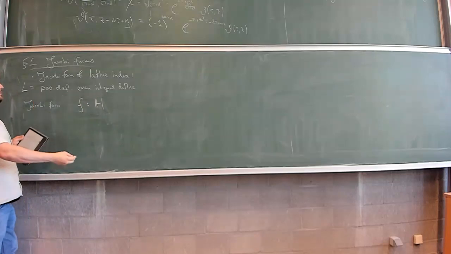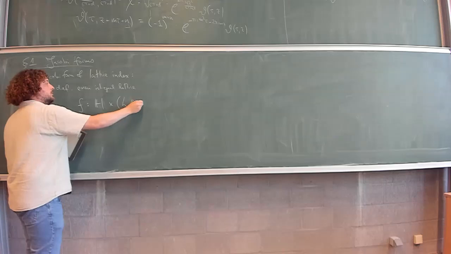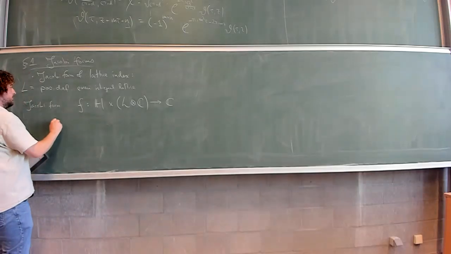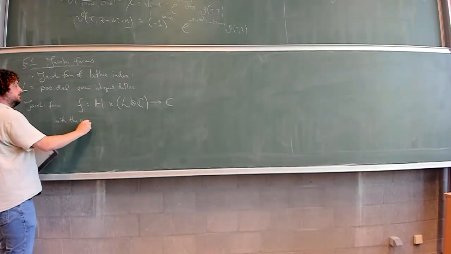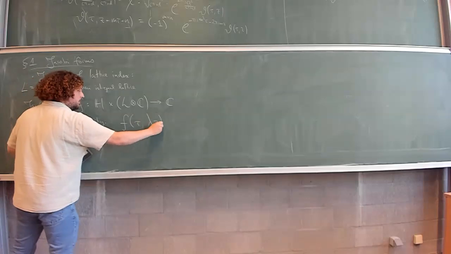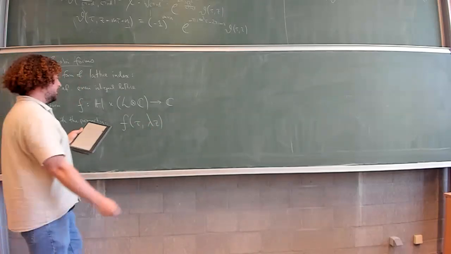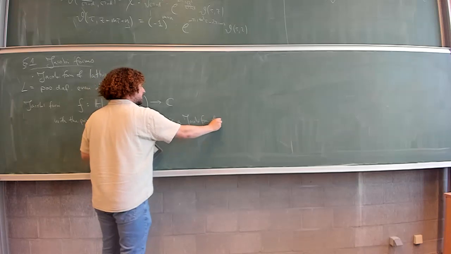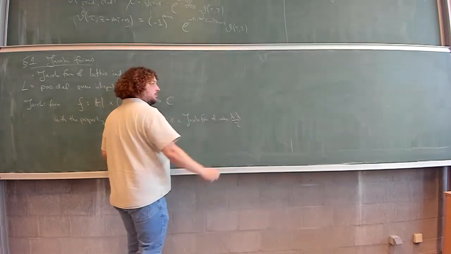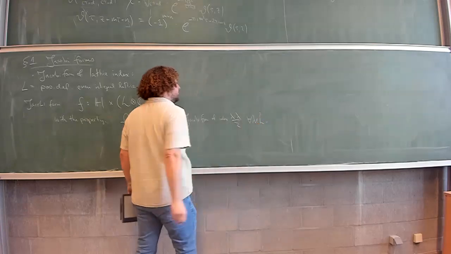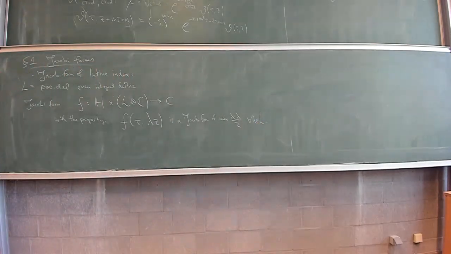And a Jacobi form of index L is going to be a function which takes vectors in L with the following property: if you evaluate it along any lattice vector, this is a Jacobi form of index the square of that vector divided by 2.